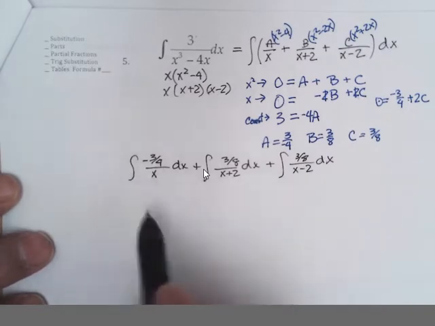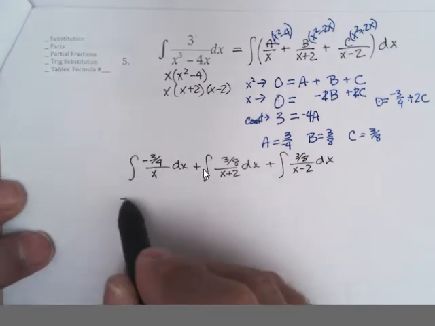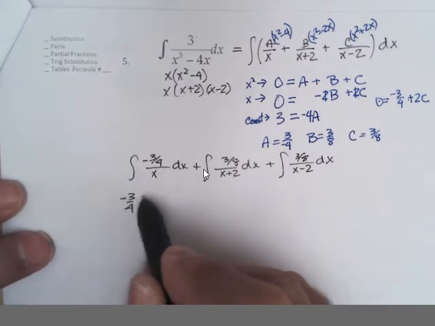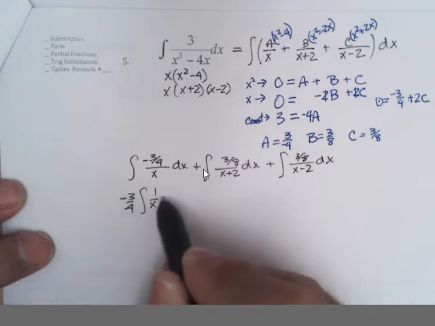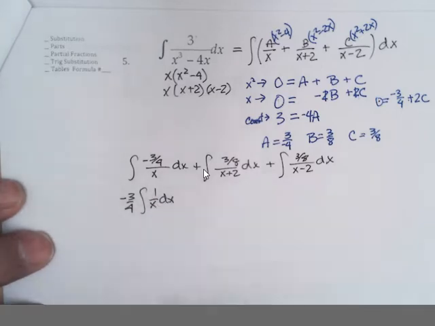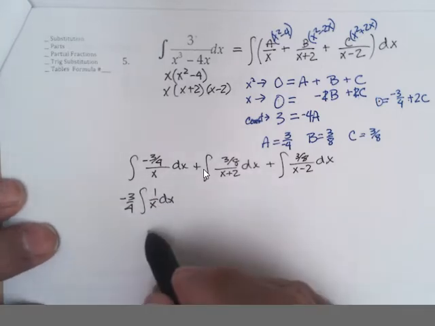If you factor out the 3/4 on this, you get minus 3/4 integral of 1 over x dx. 1 over x is ln x, the antiderivative, absolute value of x.